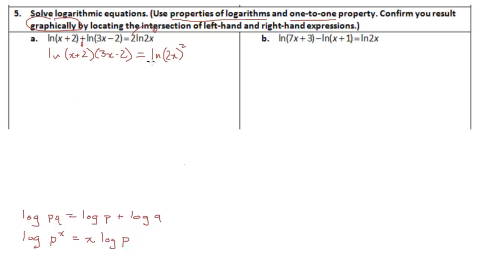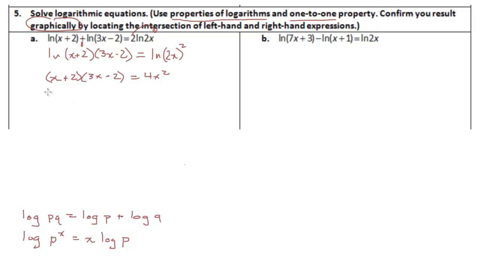So now we have natural log both sides. We can use one-to-one. Let's just write what we've got. x plus 2 times 3x minus 2 is equal to 4x squared.